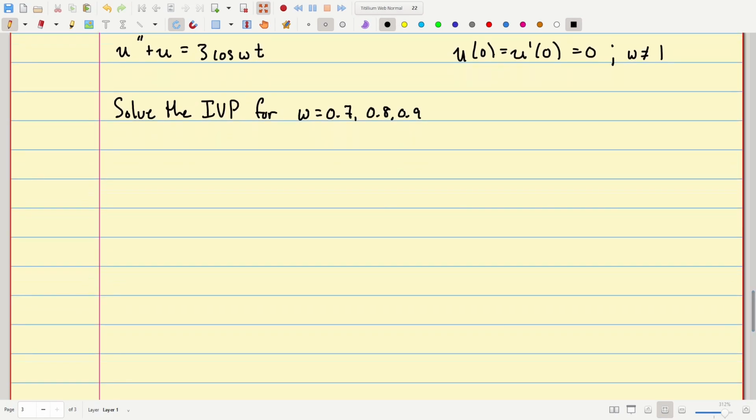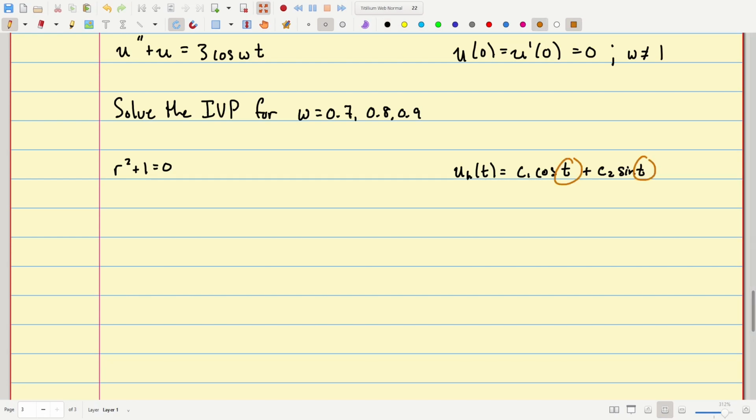Okay, so let us get started here. The characteristic equation for this differential equation is pretty easy. It tells us that the homogeneous solution is C1 cosine t plus C2 sine t, just of t.